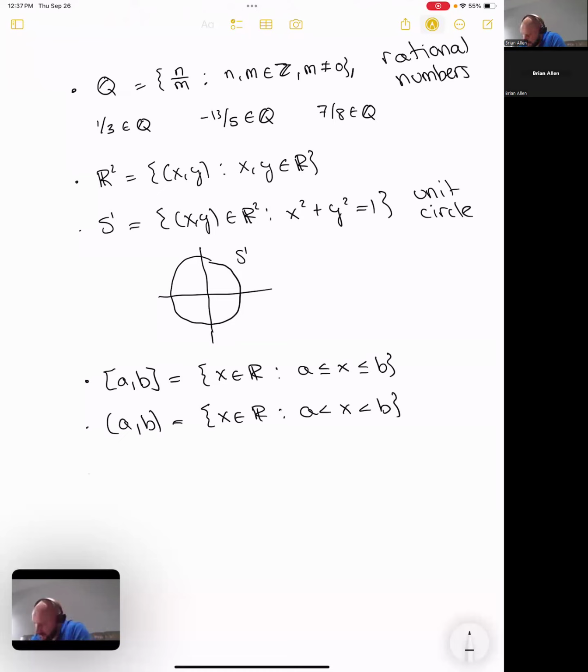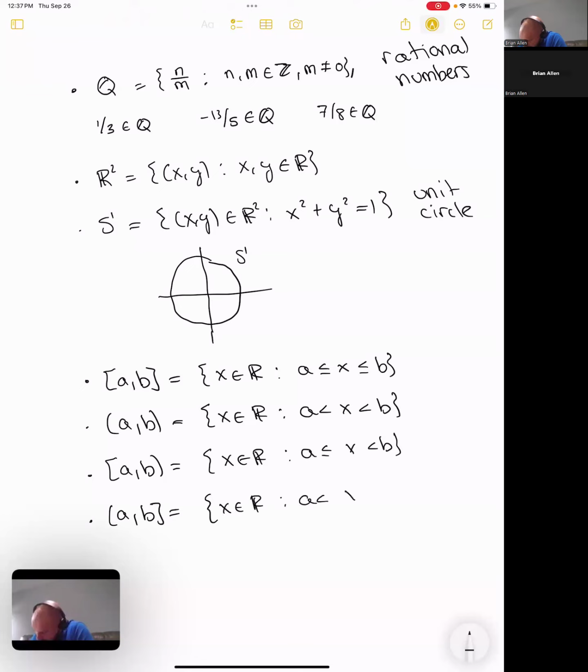Now we're talking about the open interval, or we could have the half open interval like this, or the half open interval like this. So anyway, we can use set builder notation to define all of these somewhat common and even somewhat familiar sets. Okay, so we've given a lot of different examples. We'll give even more examples as we go along.